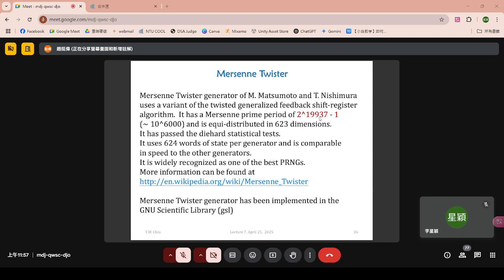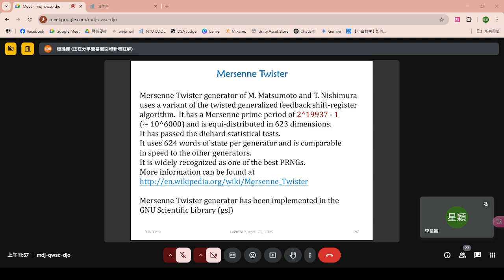So this is a very long period, and it has been tested to satisfy almost all the stringent tests for randomness. So far I think this is the state of the art of random number generators produced by a conventional computer.